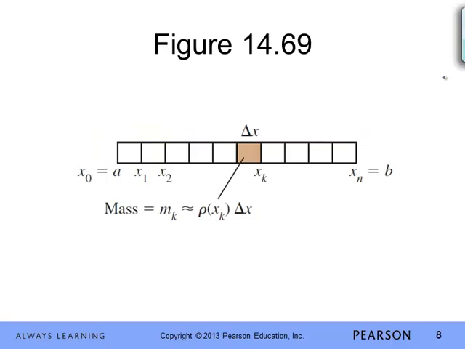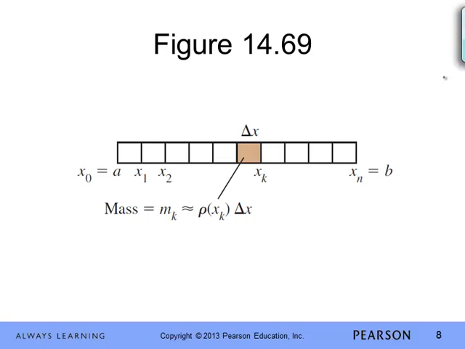So the idea is to chop that strip up into a bunch of tiny little pieces with delta x, and then to calculate the mass of each of these little chunks, where the density is approximately constant, will just be the density times delta x.